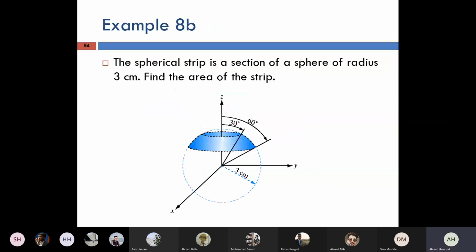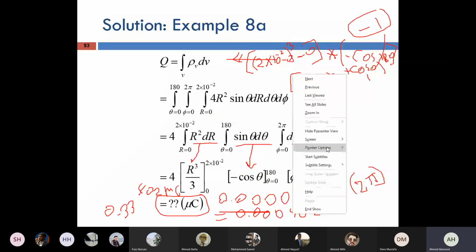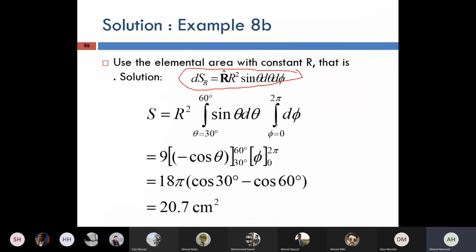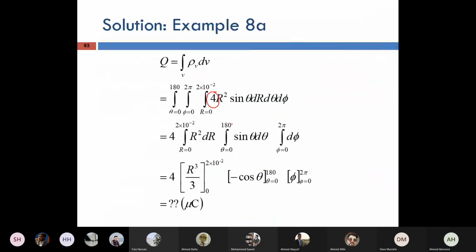So instead of 4, what do we have here? We have 4 cosine square. So you change this 4 to 4 cosine square phi.